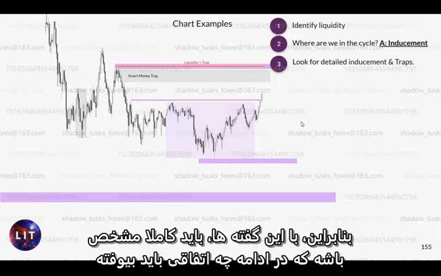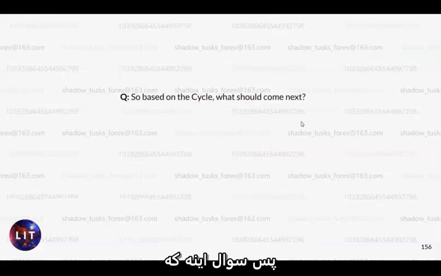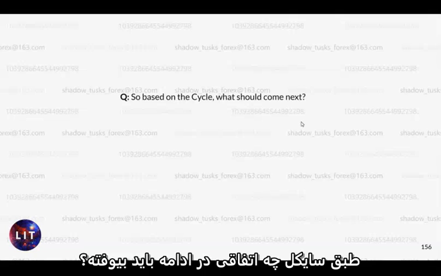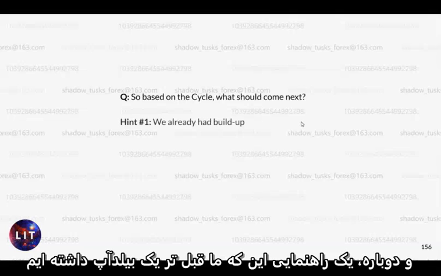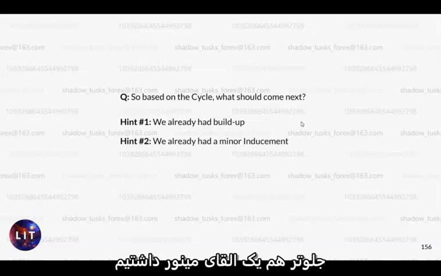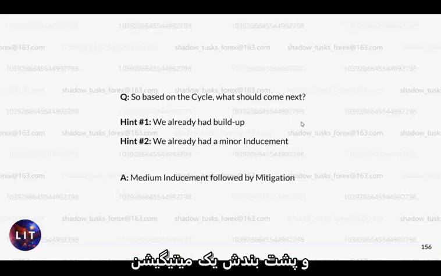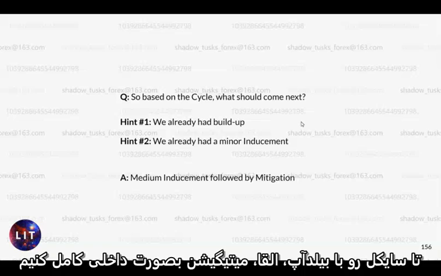So with that being said, it should be very obvious at this point what should happen next. The question is, based on the cycle, what should come next? A hint is we already had a build-up and we already had a minor inducement. The only thing left is a medium inducement followed by a mitigation to complete the cycle with the build-up, inducement, and mitigation also on an internal basis.